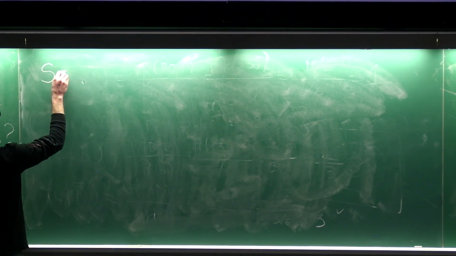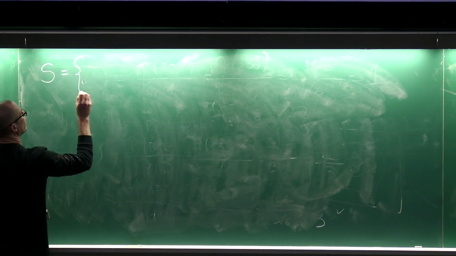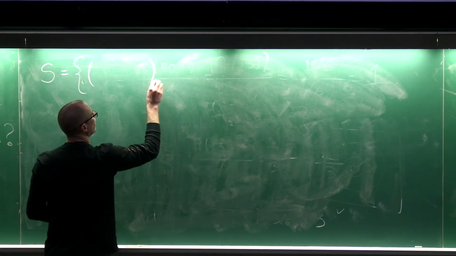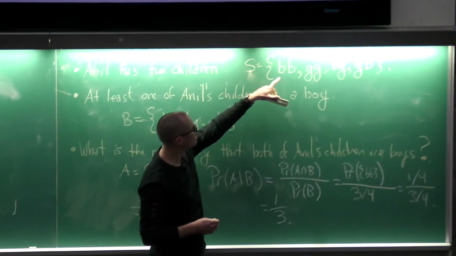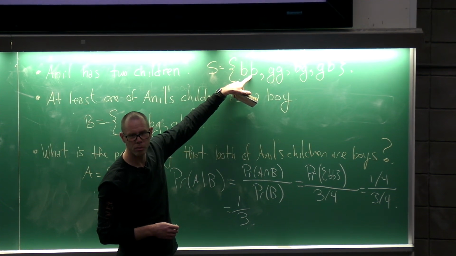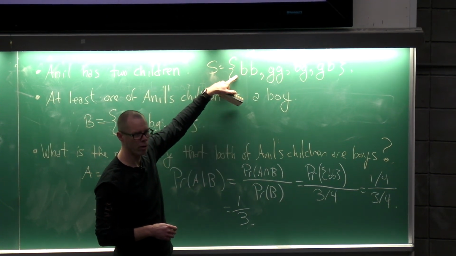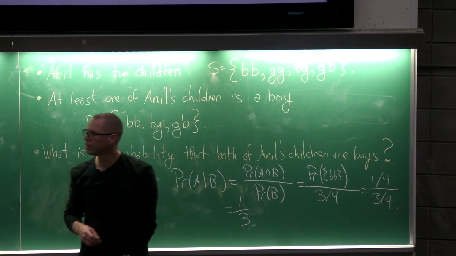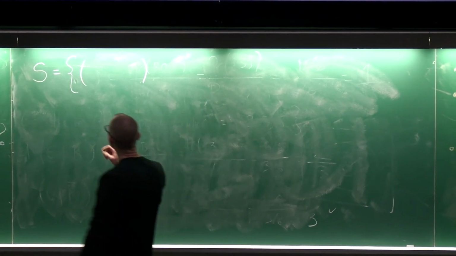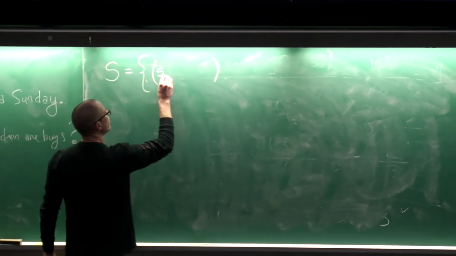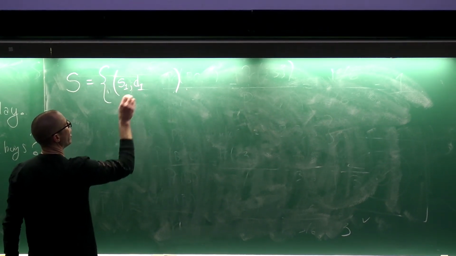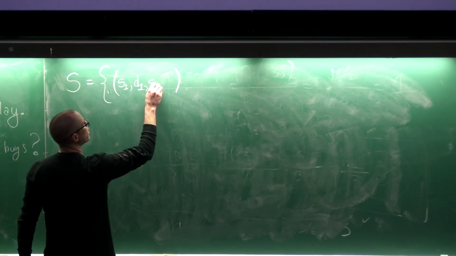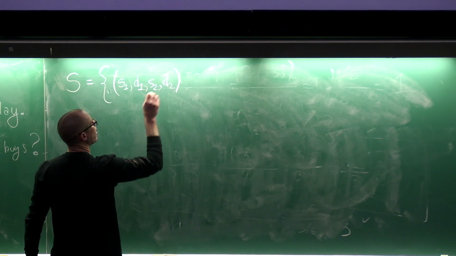It's a set. Over here, the probability space was that the elements had 2 things, sex 1, sex 2, and either of those could be boy or girl. That's how we got 4 things. Here I have sex 1 and day of the week 1 and sex 2, day of the week 2.